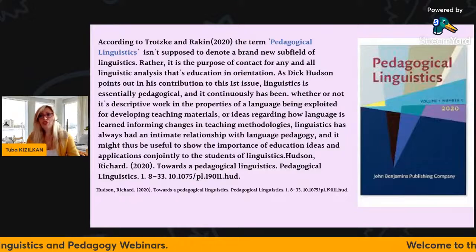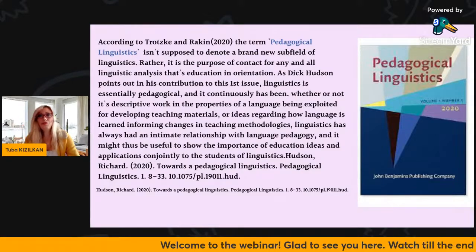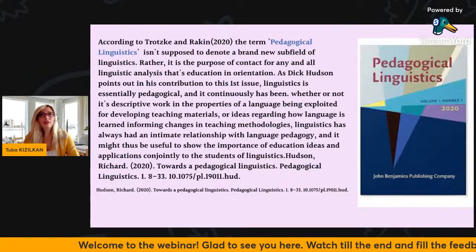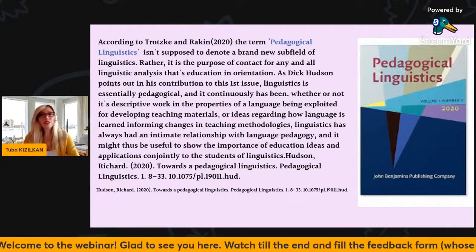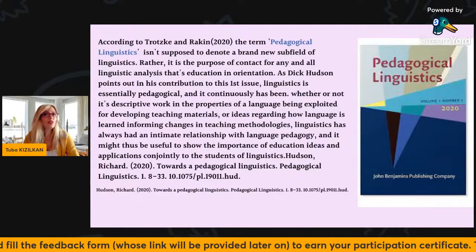And here's a great resource, a book by Trotsky and Rakin. It is called Pedagogical Linguistics. And according to Trotsky and Rakin, the term isn't supposed to denote a brand new subfield of linguistics.